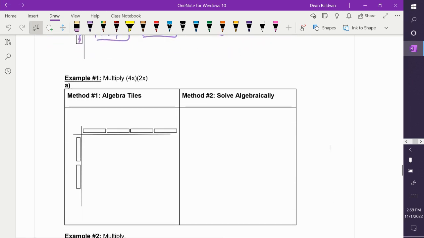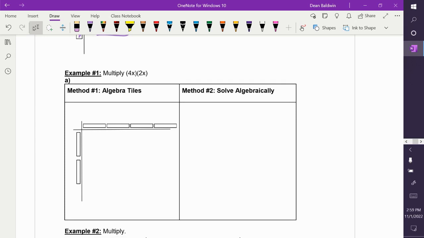All right. Try the next one, please. Do it with algebra tiles and try it algebraically, please. It's 4x, which is the top one here, and 2x, which is here.